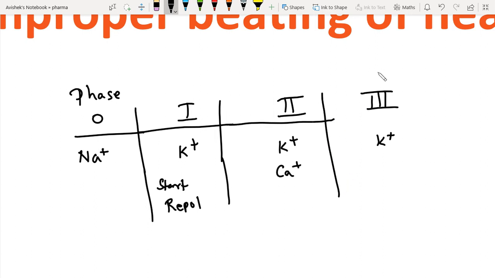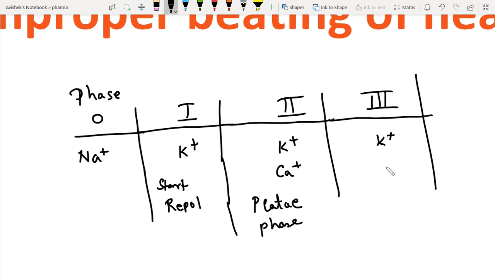Phase 2 potassium and calcium, this is also called plateau phase. Phase 3 only potassium.